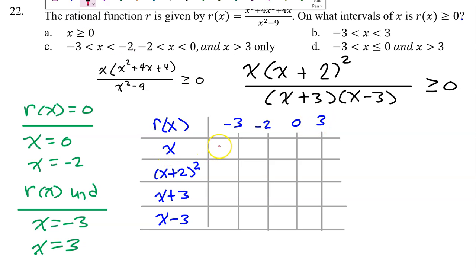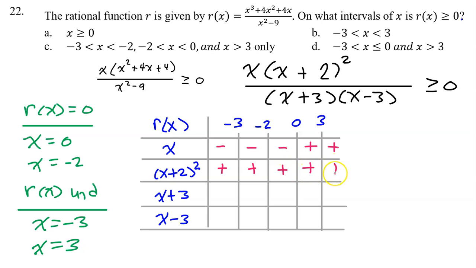The x will obviously be negative to the left of 0 and positive to the right. X plus 2 squared will be positive in every interval because when you square even a negative number, it becomes positive. X plus 3 gave us the 0 of -3. This factor is negative to the left and positive to the right.